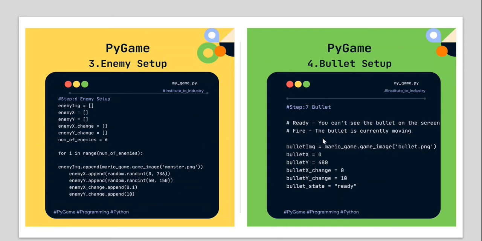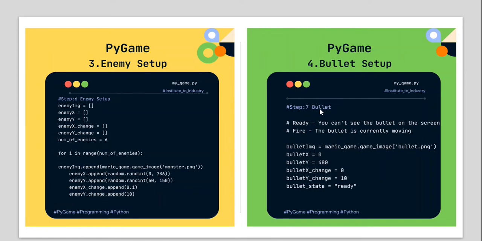Similarly, the bullet setup. For the bullet also we have an image, so we need to load it, and that image needs to be of very minimal size. Otherwise it will be bigger than your player or your enemy. So you have to take the bullet image with the minimum size, maybe lesser than 64 by 64.